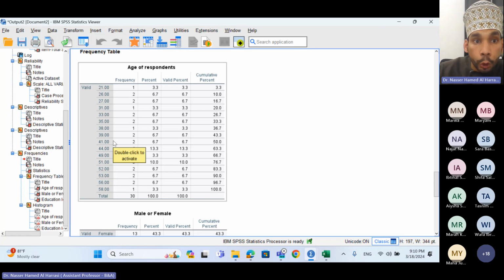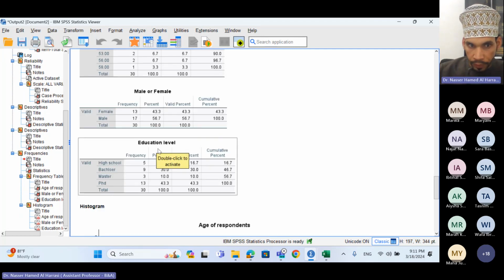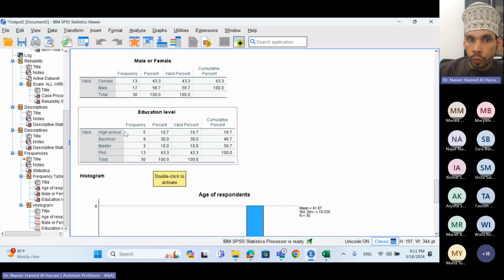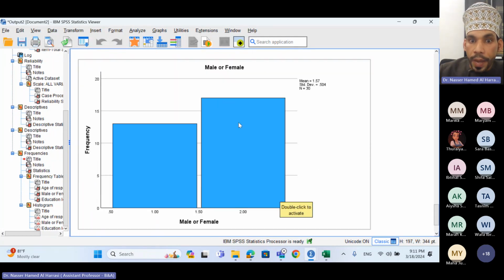But if we have groups, like from 20 to 30, we have this much, and similarly for the others. For male the frequency is 17, female 13. This is the percent, 56% male and 43% female. In education, high school is 16%, bachelor degree 30%, master 10%, PhD 43%, and here we have the age group. Here we have the male and female chart.